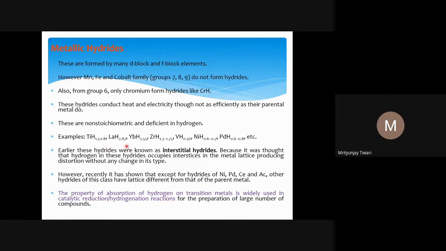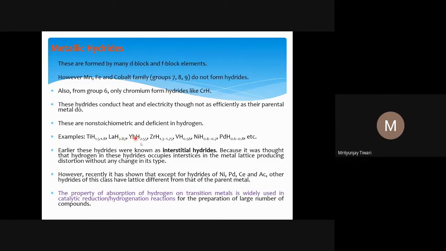Similarly, lanthanum hydride has the molecular formula LaH 2.87. So hydrogen is 2.87. The valency of lanthanides is usually 3. One would expect that it will form LaH3, but it forms only LaH 2.87. If LaH3 were formed, one would say it is hydrogen precise, but it is not; it is hydrogen deficient.